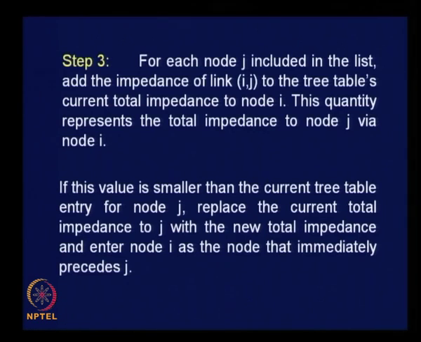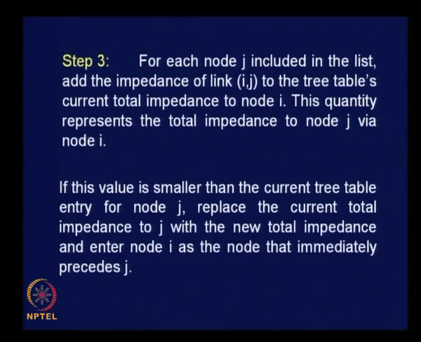I should repeat to make things a little clear. If this value is smaller than the current tree table entry for node j, which can be accessed by different alternative routes. Let us say we have already got some value as a cumulative travel time for j, and we are again calculating the cumulative travel time by another route to the same point j.